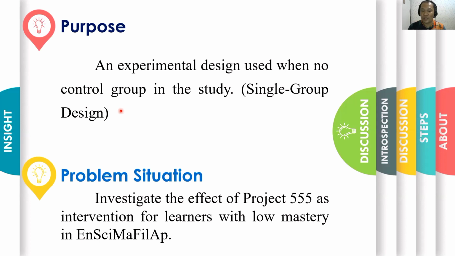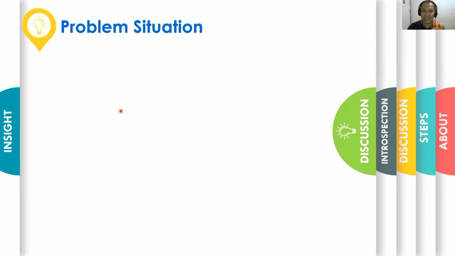We are just going to test the effect of this intervention on the performance of learners with low mastery in the five academic subjects. Okay, that's why this is a pre-experimental research design or a one-shot analysis, also known as the situation isolating design.